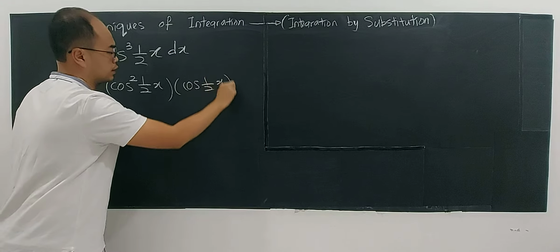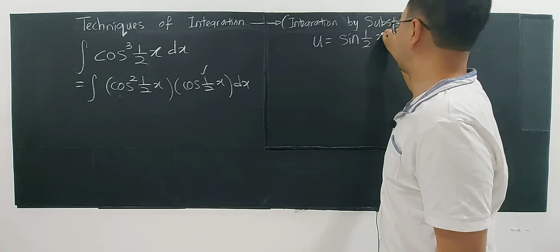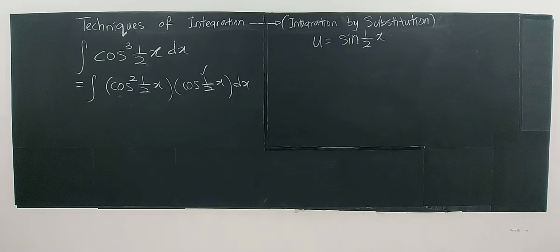So I have to think, what is the suitable function of u so that when I differentiate, I will get cos? I know differentiating sine, we get cos, so I choose u as sine half x.